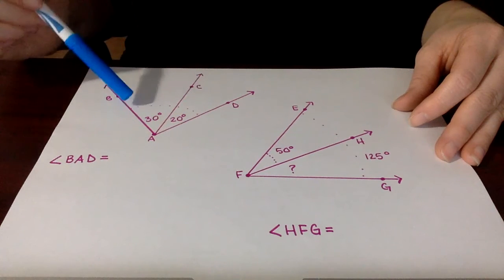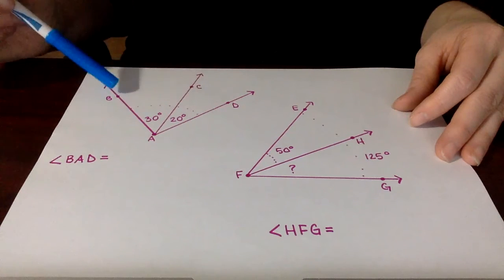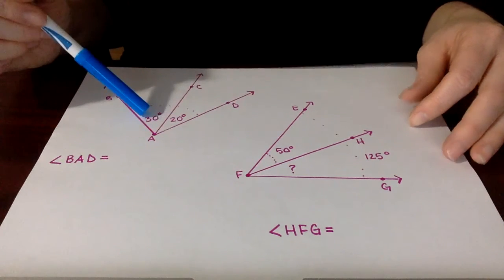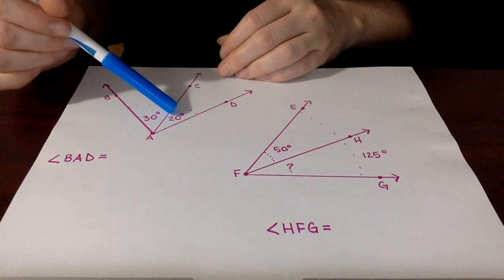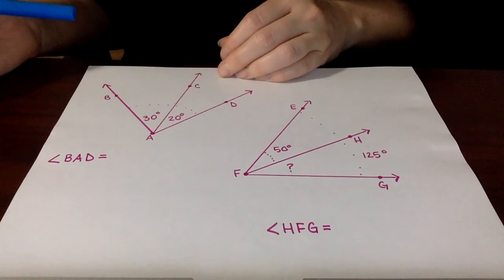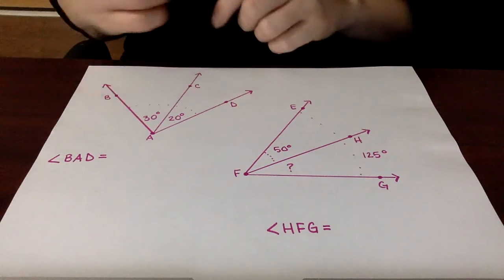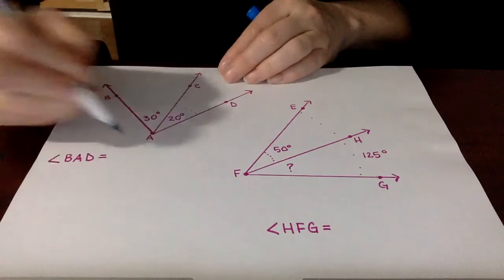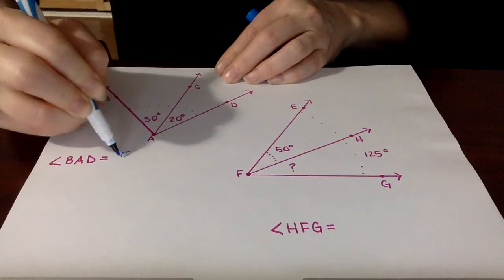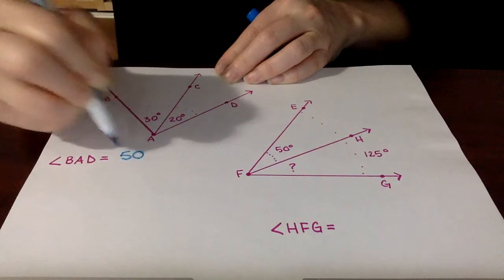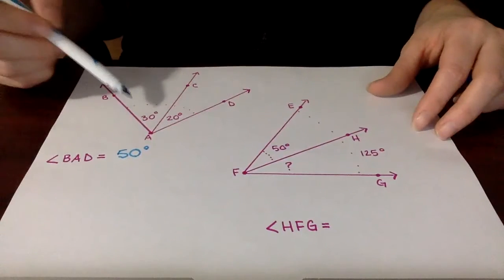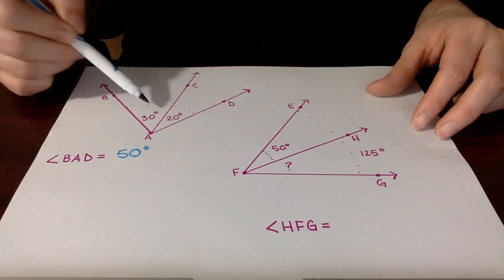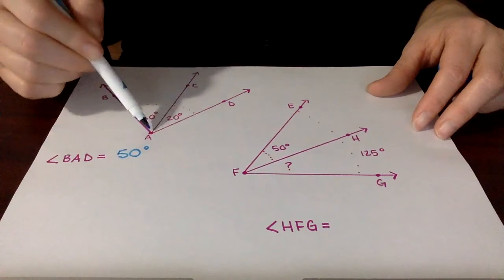What are these two angles together to make this larger angle? If we add them, 30 plus 20, and I know you all have calculators on your phones, you should get 50 degrees. Real easy. All you have to do is add the two angles together to figure out the total angle.